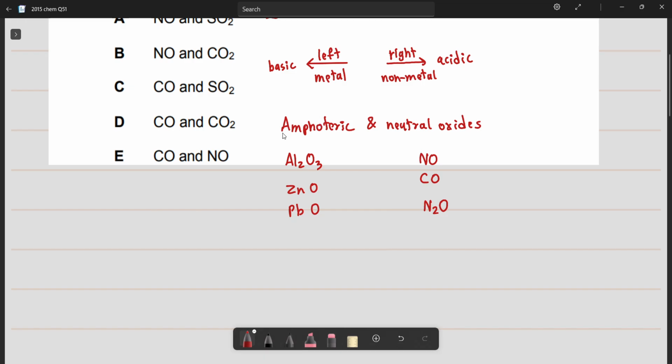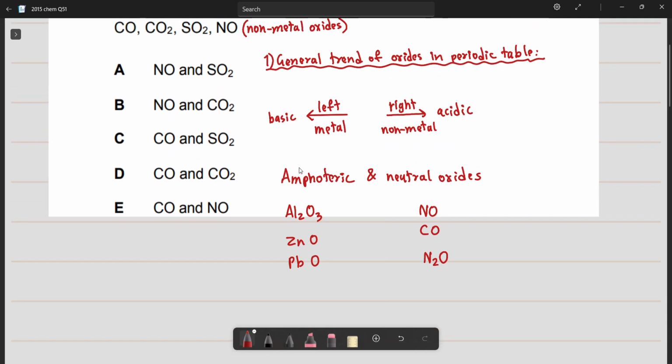So as I said, amphoteric oxides are the ones that can act as both acidic and basic, meaning they can form either basic solution or acidic solution depending on which substance they are reacting with. And neutral oxides are those that do not react at all, and they form neither acidic solution nor alkaline solution.